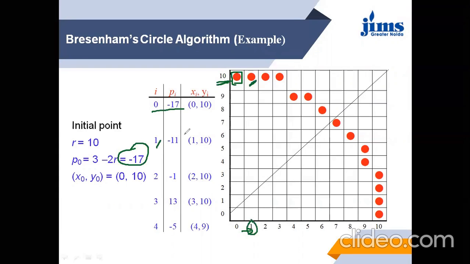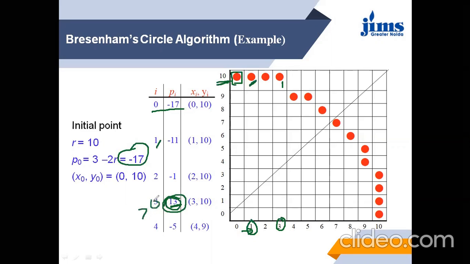When we select the x coordinate as 1 plus 1, then we have to find out the position of the y coordinate. You can see from here, this is 3 and this is 0. So when we find the value, a positive value, that is 13, 13 is more than 0.